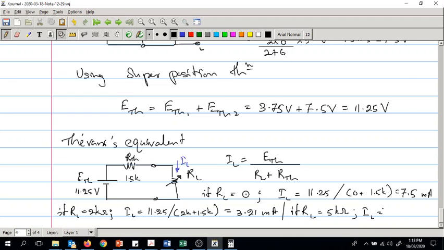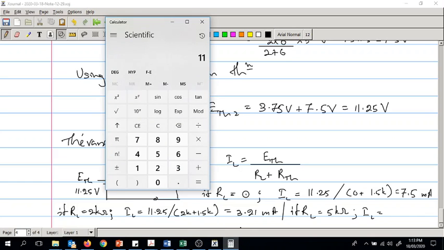Then if RL is 5K, IL is, you substitute 5 in here, so it will be 11.25 divided by 6.5.